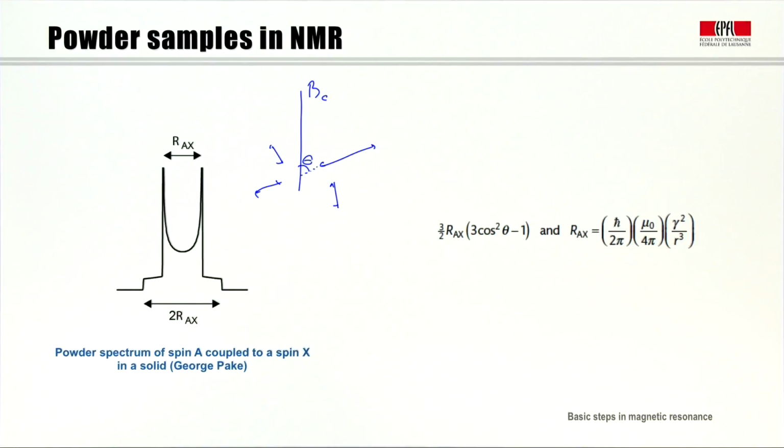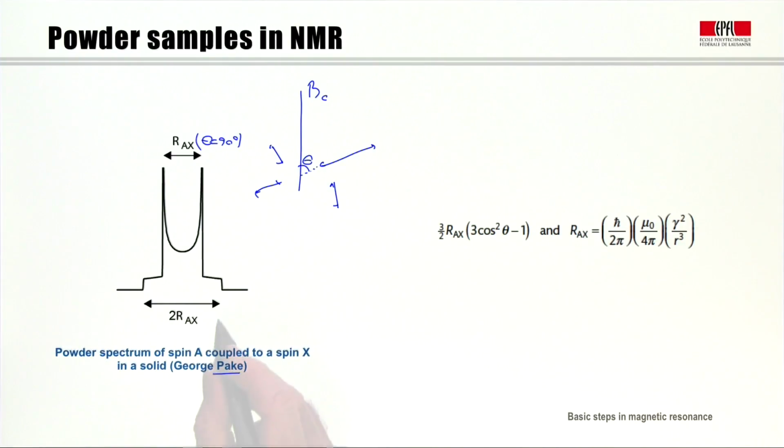And it turns out that we then get a powder spectrum, also invented by George Pake, by the way, in the 50s, discovered for the first time and explained. The small splitting here, which is on the previous transparency, corresponds to the case where theta is exactly equal to 90 degrees, and those crystallites are fairly common because it's quite likely that the vector be perpendicular to the external field.